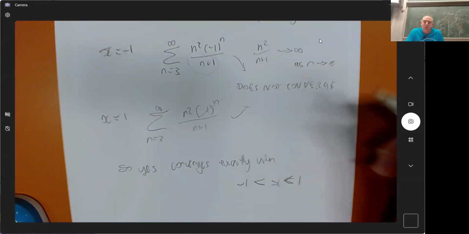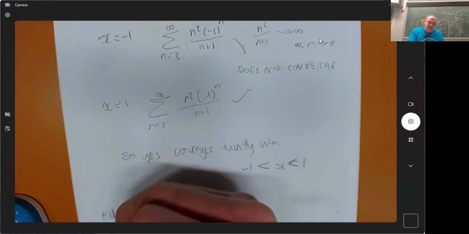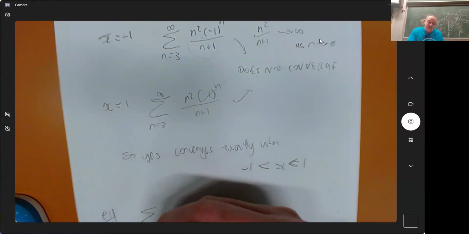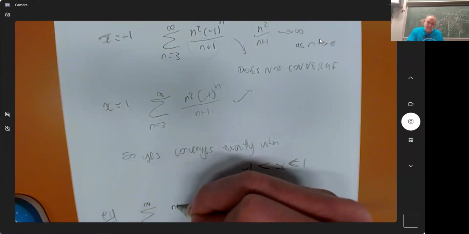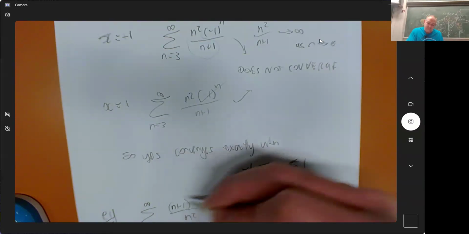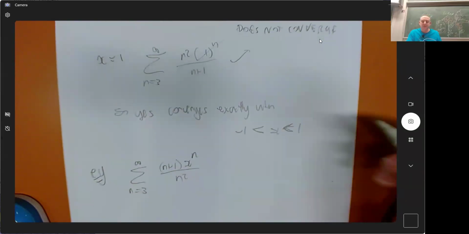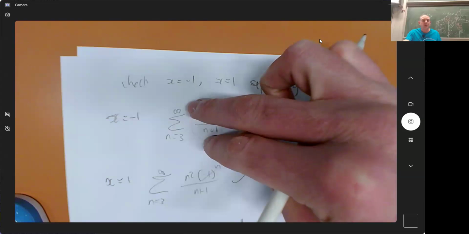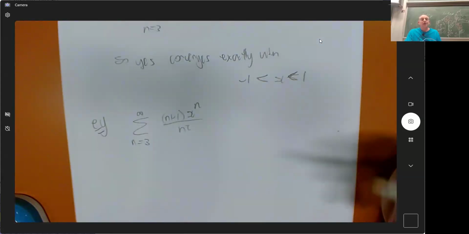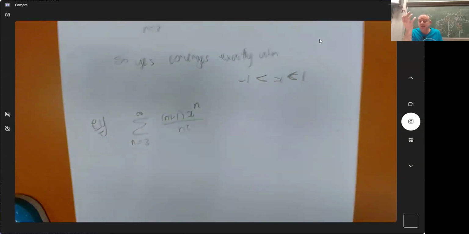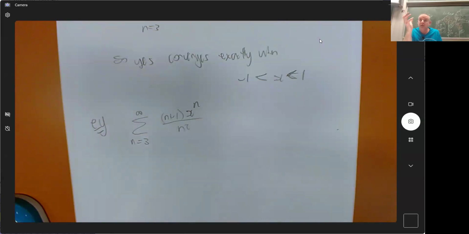You ready? I have one more. I'm going to change this in one more way and see what would have happened. What if the fraction was not n squared divided by n plus 1, but the other way up? Then the ratio test would still have come out to the absolute value of x.